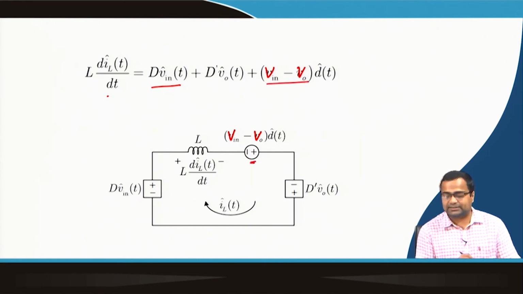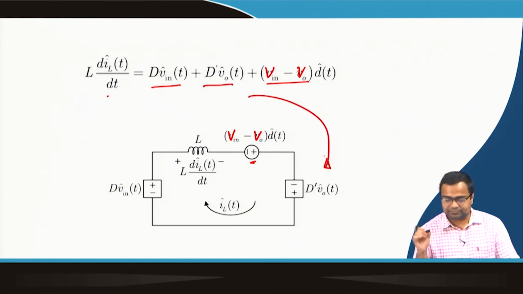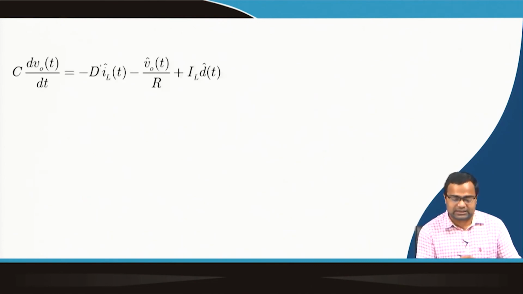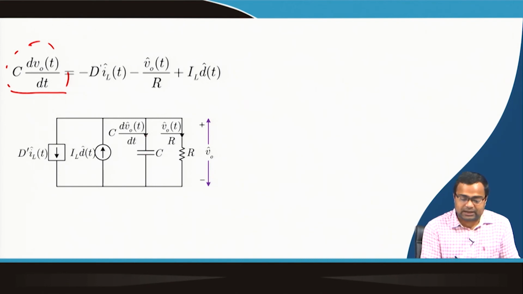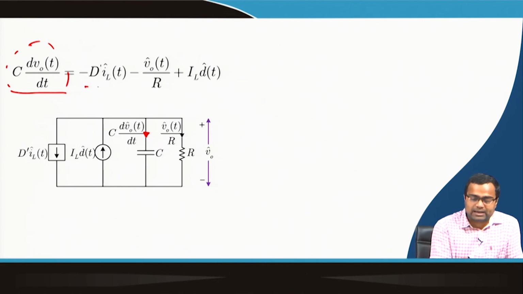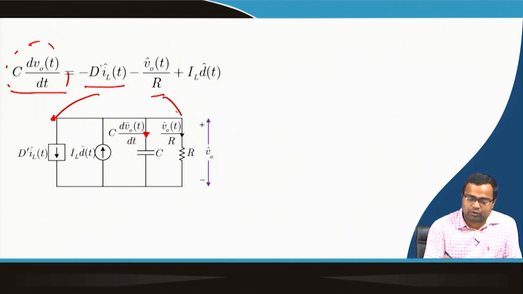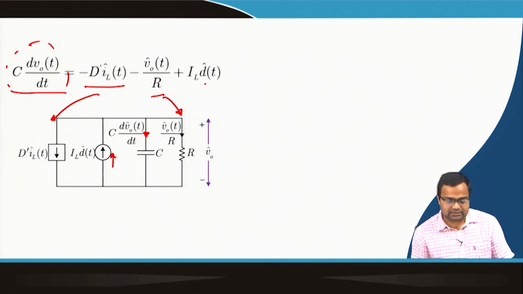So, it is added, and then plus this quantity which is here. Okay. Similarly, if we take the perturbation of voltage dynamics, this is nothing but the capacitor current perturbation dynamics. The capacitor current, which is positive when it is coming in, is equal to minus of this term, that means it is going out, and minus of load current which is also going out, plus this current which is going in, right.